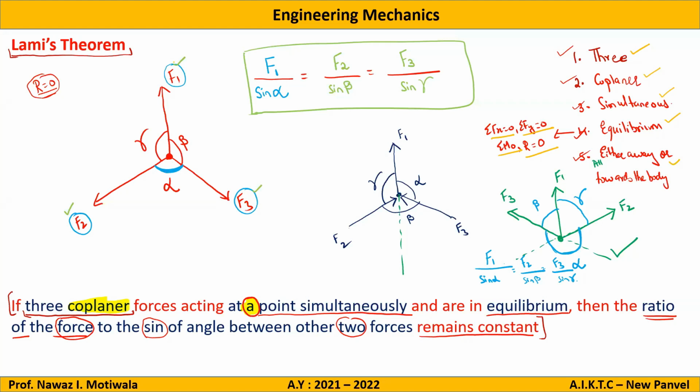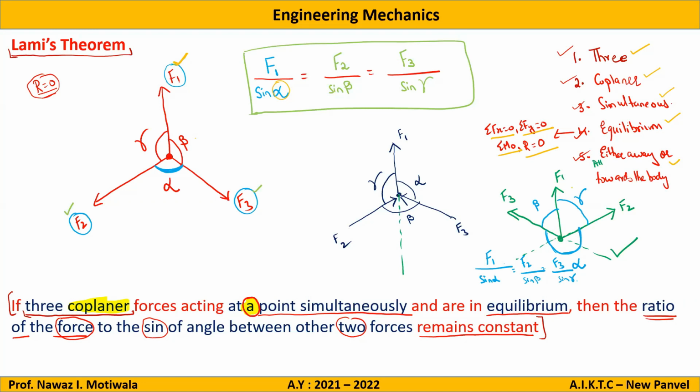If we consider force F1, the angle between the other 2 forces is alpha. So F1 divided by sine alpha is equal to F2 divided by sine beta, which is equal to F3 divided by sine gamma. So this completes Lami's theorem.